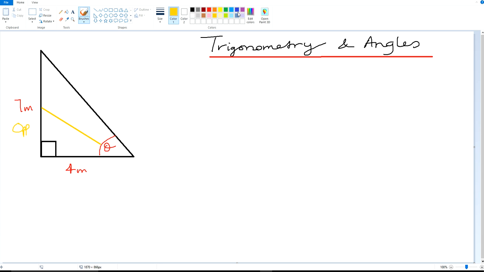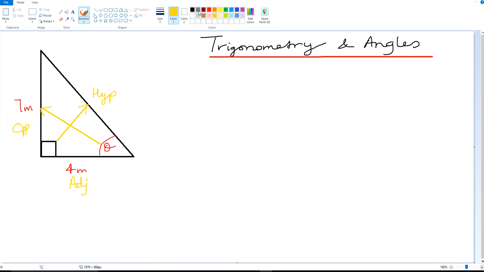Now then we go opposite the right angle. Opposite the right angle we have the hypotenuse. So we need to know what these are. And the leftover side is called the adjacent. So let's put a little arrow on here to show that it's all going that way.